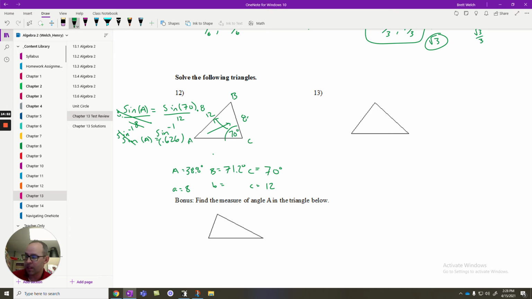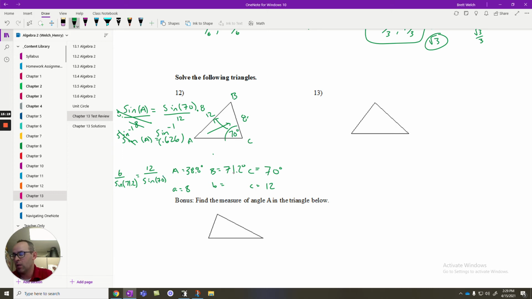I can't use Pythagorean's theorem because I don't have a 90-degree angle. The only thing I can do is more law of sines. This time I'm going to set up law of sines with the little letters on top because the thing I'm looking for is a little letter. So we'll set it up as little b over the sine of big B, which is 71.2, equals little c, 12 over the sine of 70.